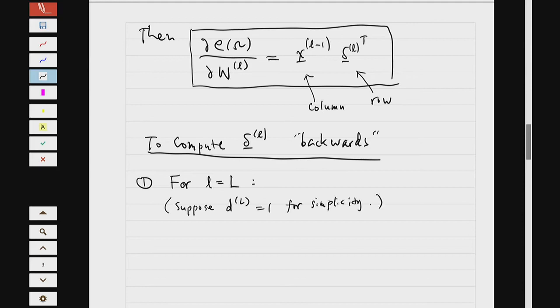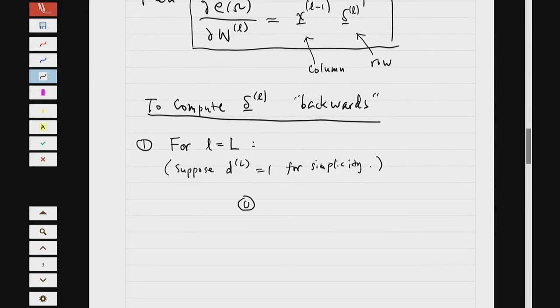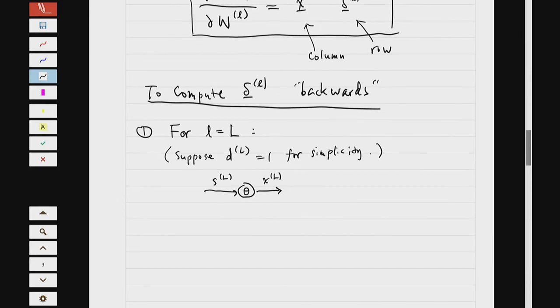For simplicity of demonstration, with one neuron, you will see that this thing comes in as S of L, and then this one gives you X of L, one-dimensional.